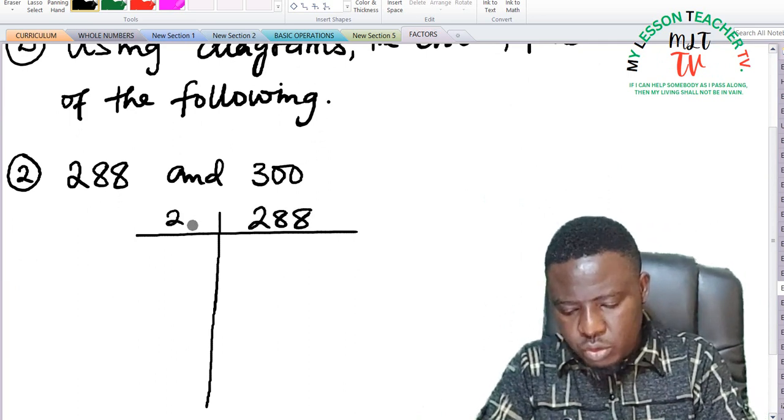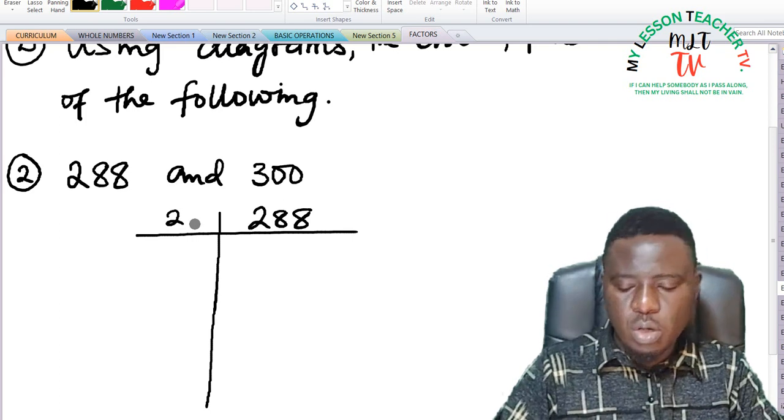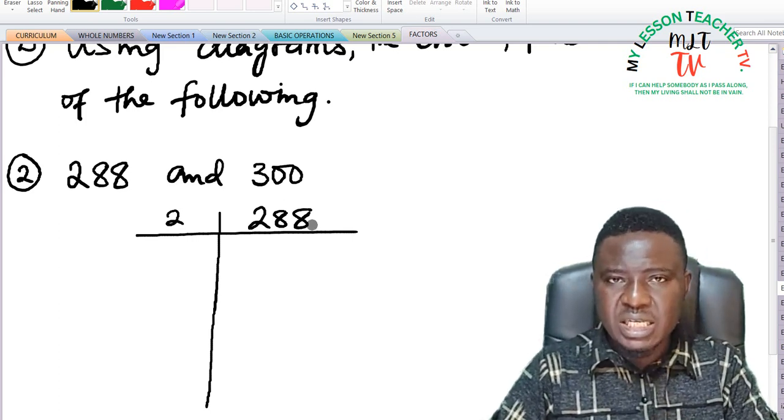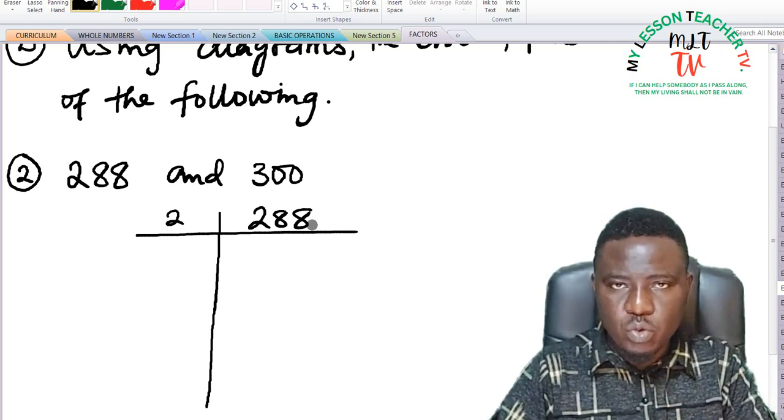288 is divisible by 2 because its last digit is a multiple of 2.